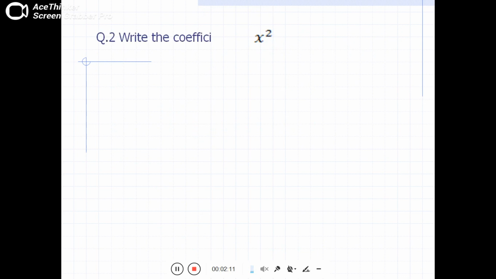Write the coefficients of x square in each of the following. Parts are given. See the first part. First polynomial is given 2 plus x square plus x. We are going to find the coefficient of x square. In this polynomial there are three terms.